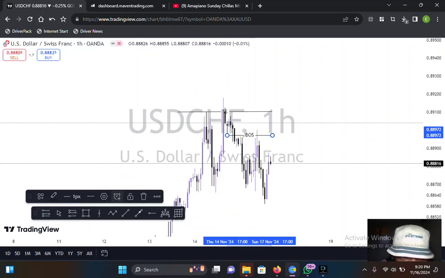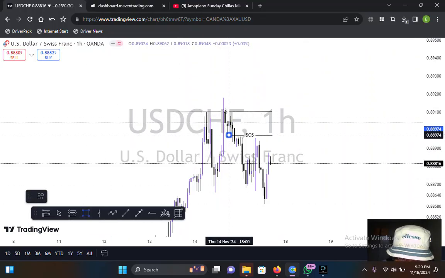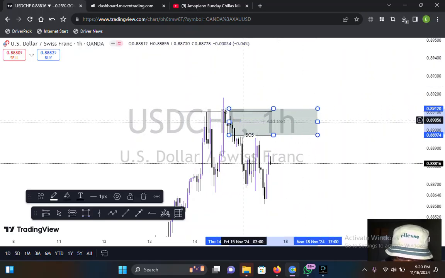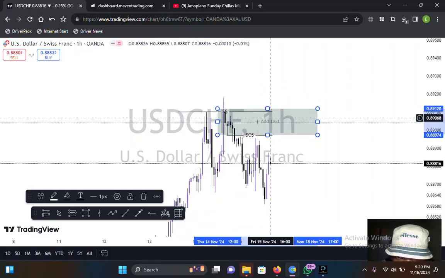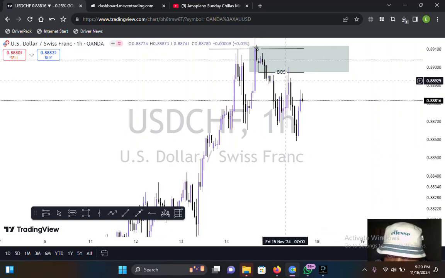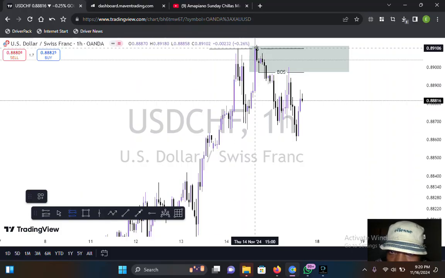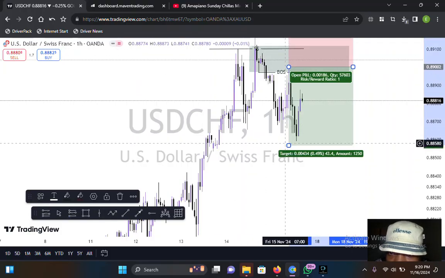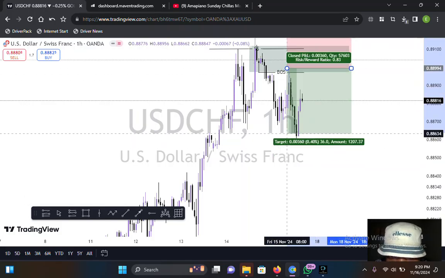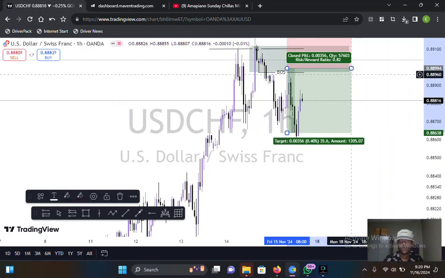After the break of structure, you mark that zone, from the break of structure to the liquidity sweep, as your order block. Price came and reacted to your order block. So it was a clear confirmation to sell and target this previous liquidity here.